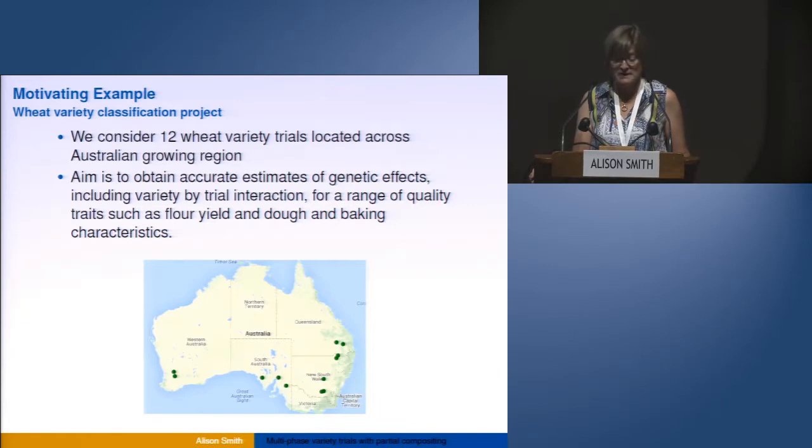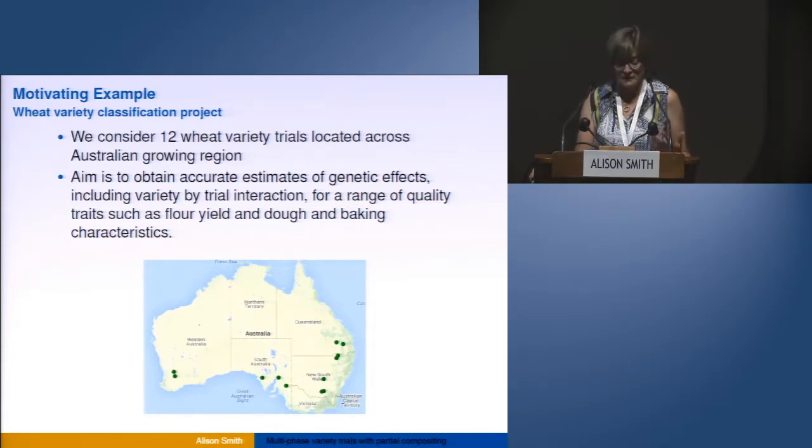And the aim of this project is, unlike a lot of the work that I've been involved with, which is dealing with the trait of grain yield, this is now looking at quality traits. So traits concerned with the flour that is made out of the varieties, and also then the dough and then baking characteristics of end products.